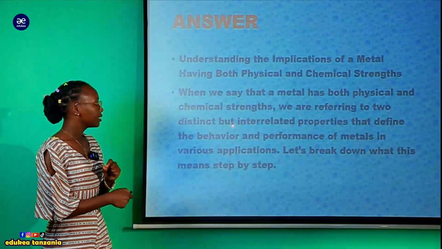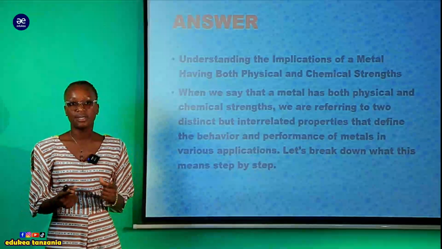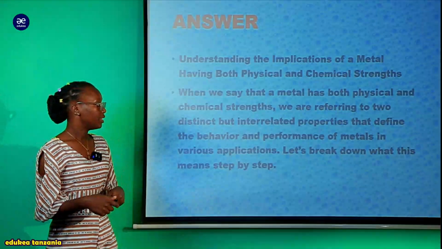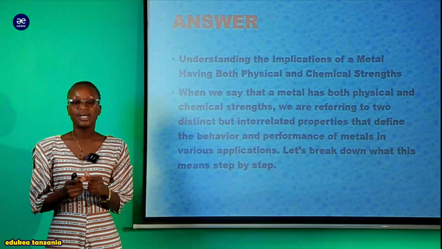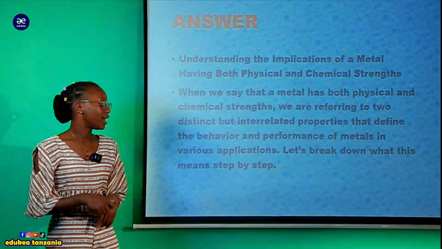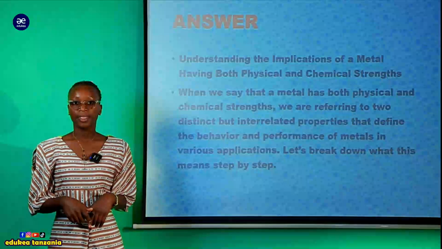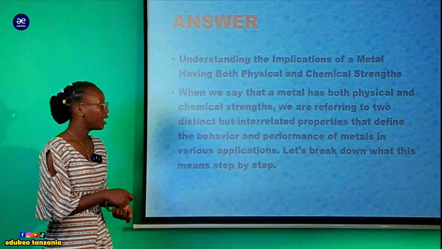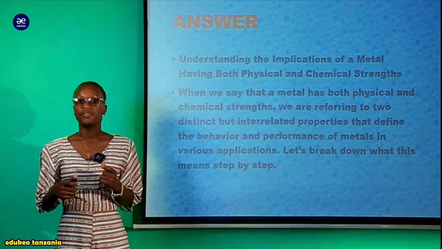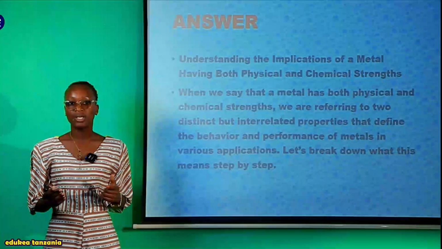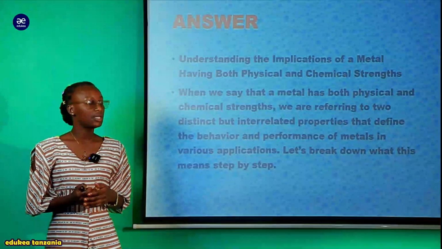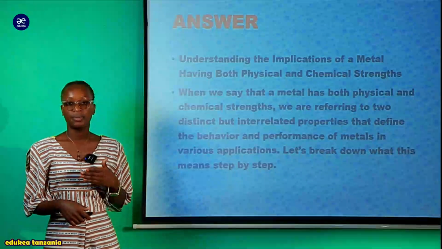They interrelate to each other, ambapo hizo interrelated properties zina define the behavior, ile tabia ya metals, lakini pia the performance of metals in various applications. How do these metals perform? How do these metals behave in the different applications?